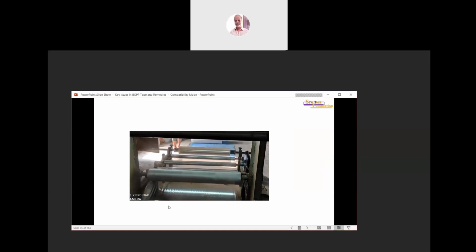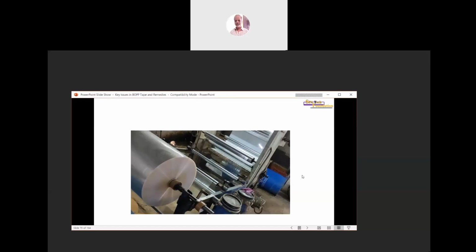You can see the wrinkles created on the rewind roll because of the heaps on the right hand and the left hand side of the coated roll. So the winding at the edges is very tight. The winding at the center portion is relatively loose, and this creates problems while slitting these rolls on the slitting machine. This is a perfect winding. The winding should be something like this.